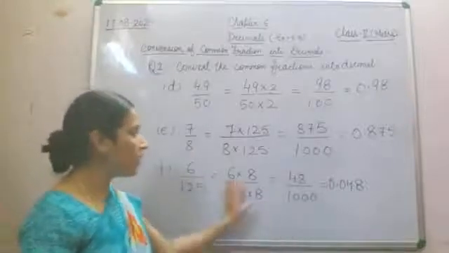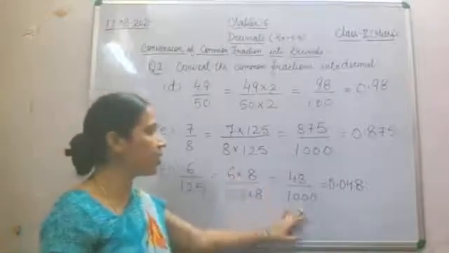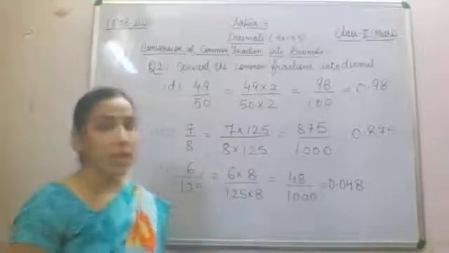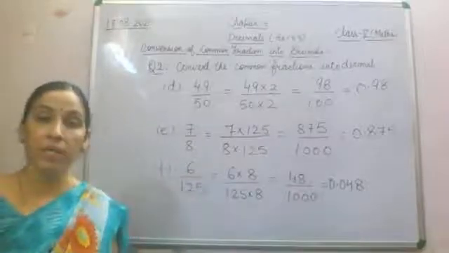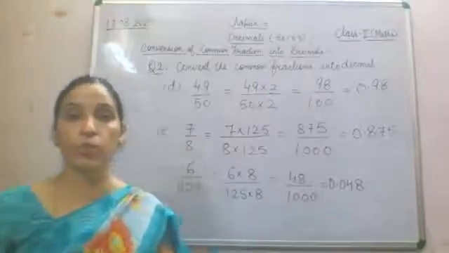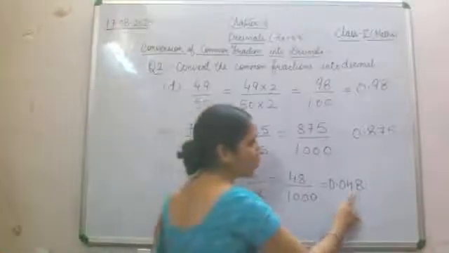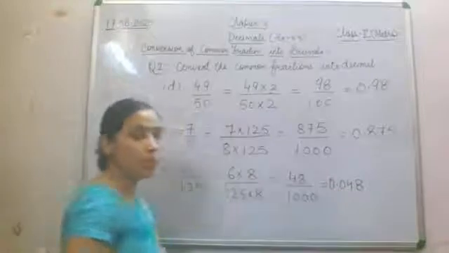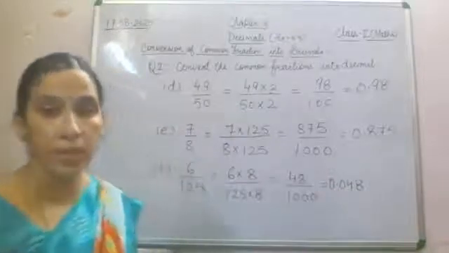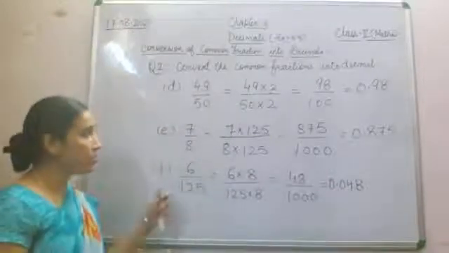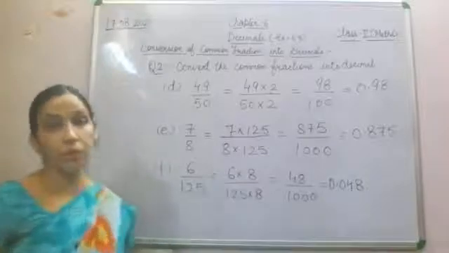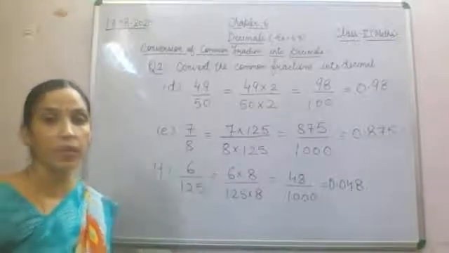Now what do we get? 6 8s are 48 divided by 1000. Now if we have 1000 in the denominator, it means you require 3 decimal places. We'll just count from the back 1, 2 and 3 and put a decimal there. So I think the F part will be clear to everyone.